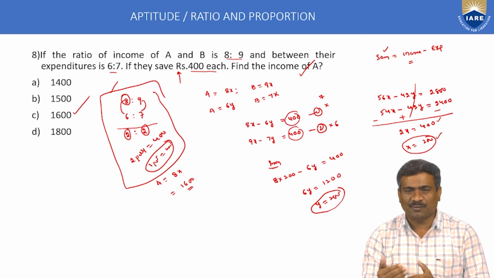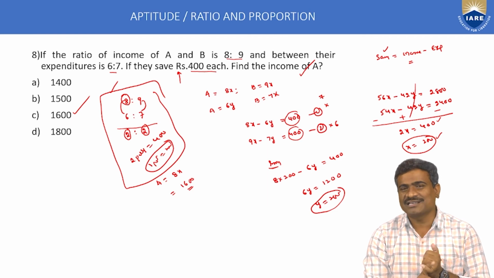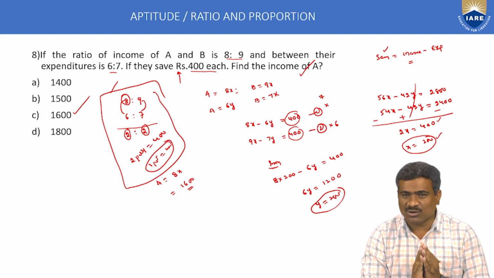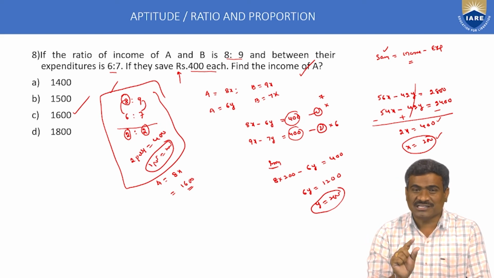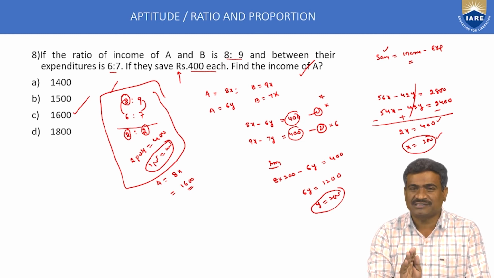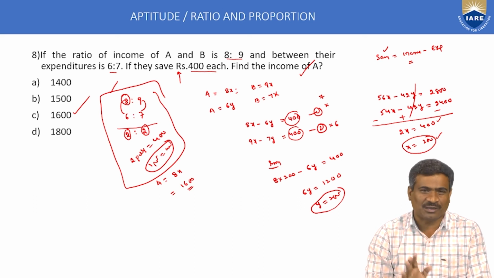Suppose another example using saving: A saving 200 and B saving 300. If saving is not constant, apply the general procedure. If saving is constant, apply the shortcut method. The shortcut method is applicable only when A saving and B saving are equal.